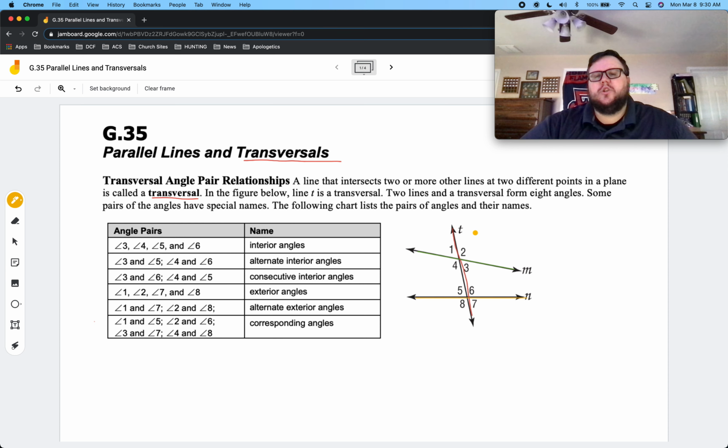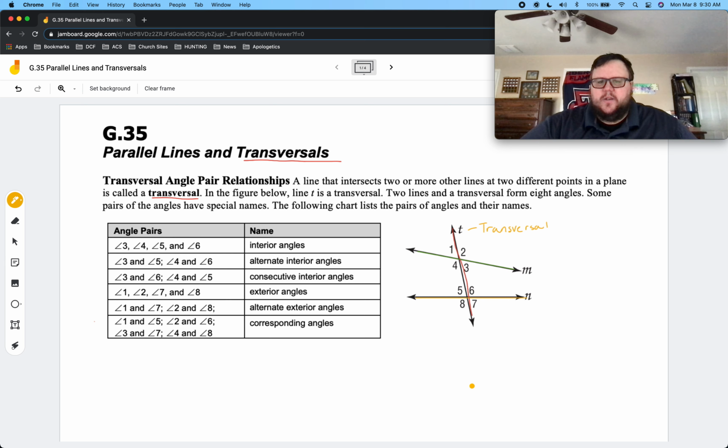So this is called a transversal. T is called the transversal. Alright, transversal. And so they form 8 angles.